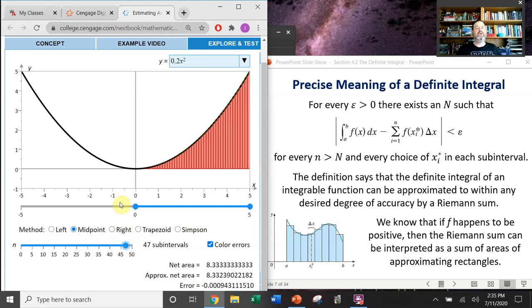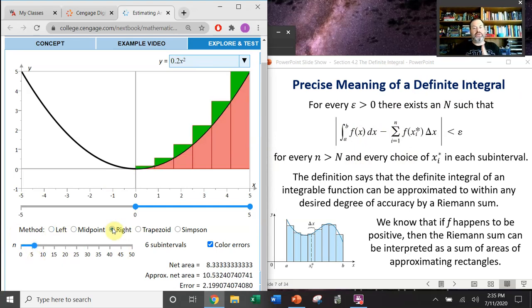0.001. So remember, when you're seeing an xi star, it's saying you can pick any value in the interval to find an approximation. And then this definition here, the precise meaning, says every choice in the interval. But we already know for a function like x squared or 0.2x squared, this is an underestimate.